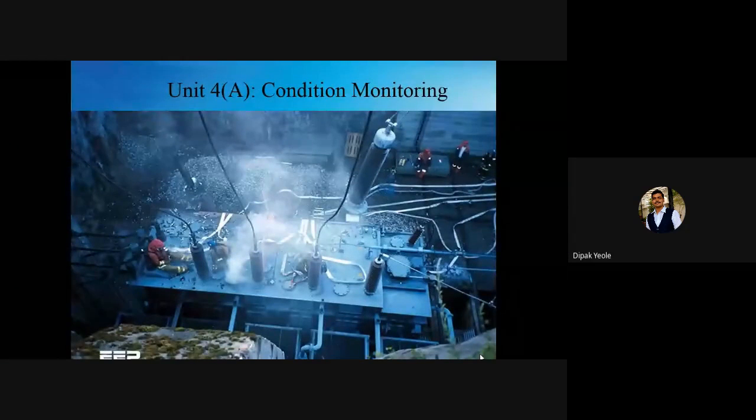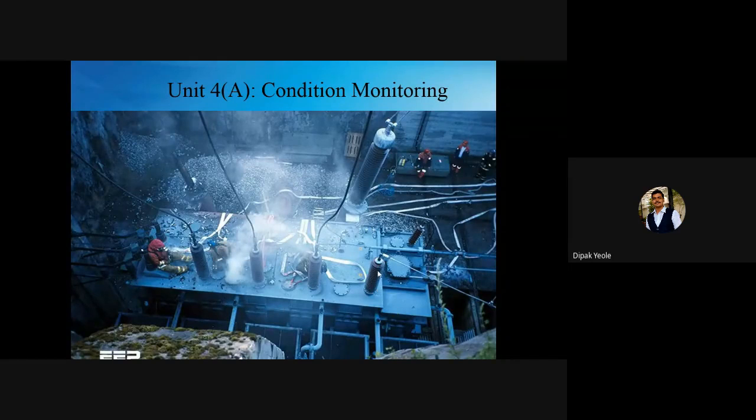I have taken a picture of the transformer. Here you can see the people who are seated here: this is number 1, number 2, number 3, number 4, 5 and 6. And this is a very large transformer.